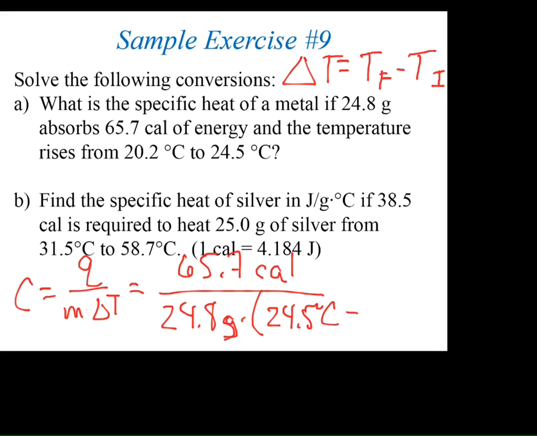Minus the initial, where did it start out? 20.2. Okay, so let's punch it in our calculators, see what we get. So our delta T here is what? 4.3 degrees Celsius.